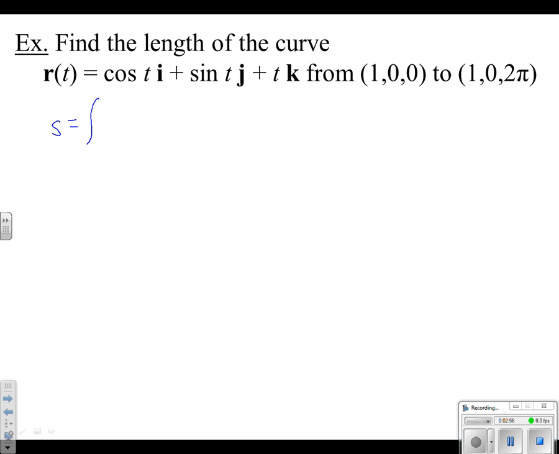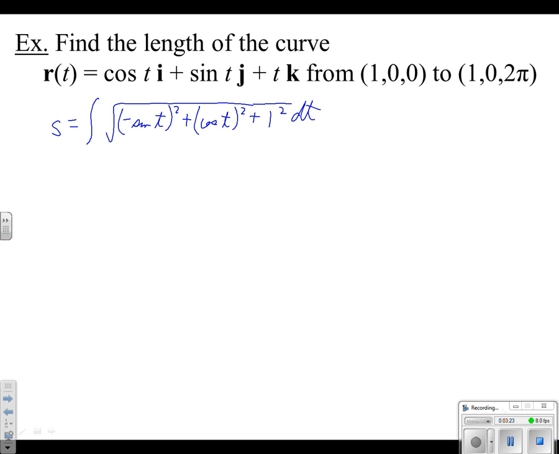It is going to be the integral of the square root of, so we're going to need derivatives. So the derivative of the x component would be negative sine t. And then we're going to square that. The derivative of the y component would be cosine t. And we're going to square that. The derivative of the z component would be 1. Now we're going to square that. dt.